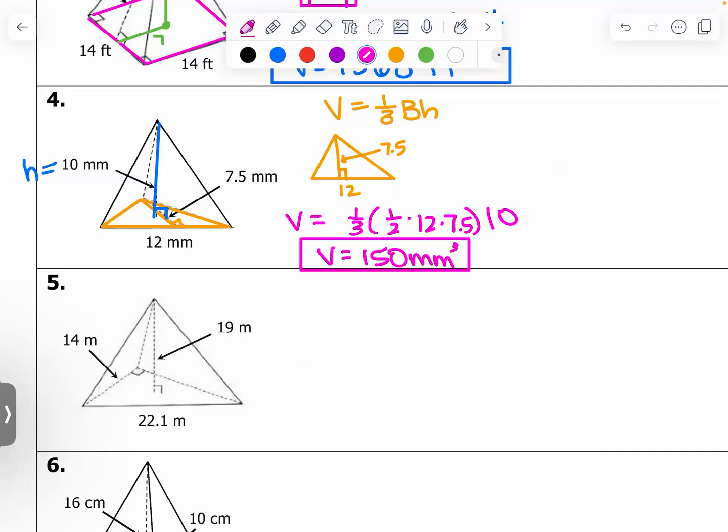Good math skills there, but good job. Yeah, don't do that.